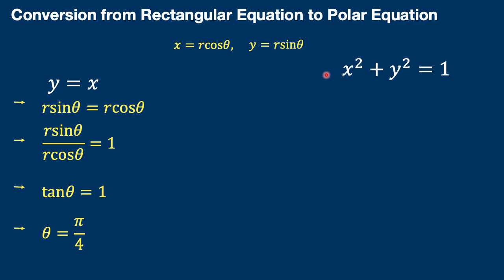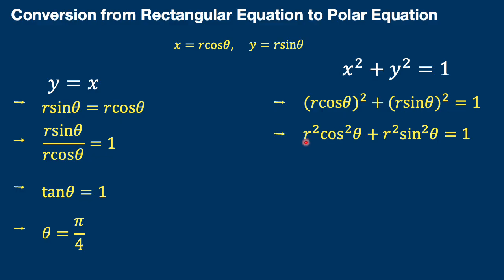Let's have another example. x squared plus y squared equals 1. x is r cosine theta. y is r sine theta. You plug in here: (r cosine theta) squared plus (r sine theta) squared equals 1, which means r squared cosine squared theta plus r squared sine squared theta is 1. r squared is a common factor.